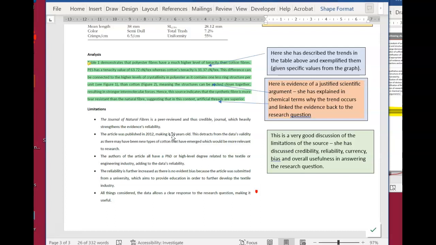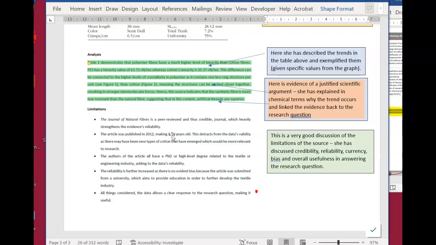The article was published in 2012, making it 10 years old. That means it's not quite as current as it possibly could be, so that detracts from its validity. The authors have a PhD or higher, so they are authorities in the field, so that makes the data reliable. There's no evident bias, she mentions that.